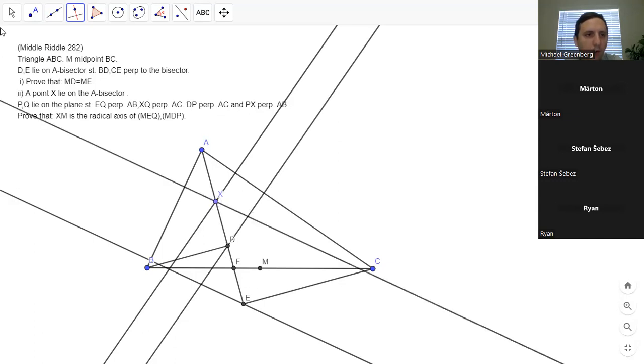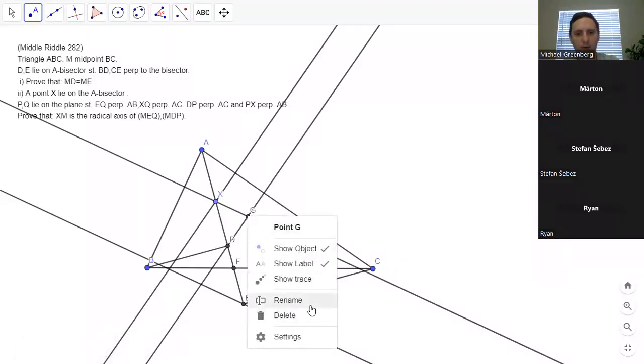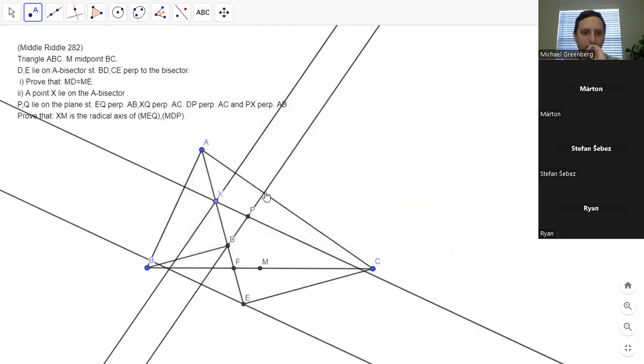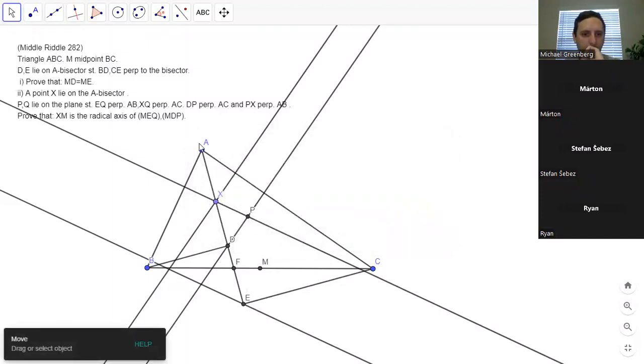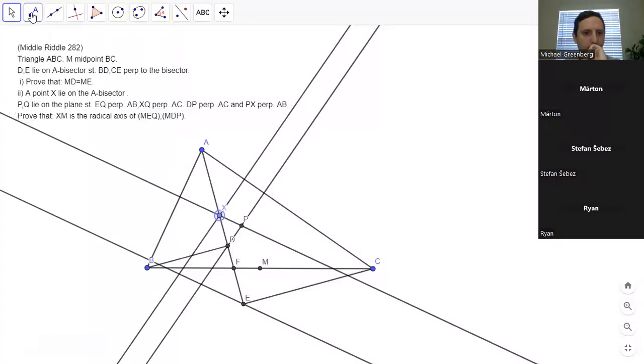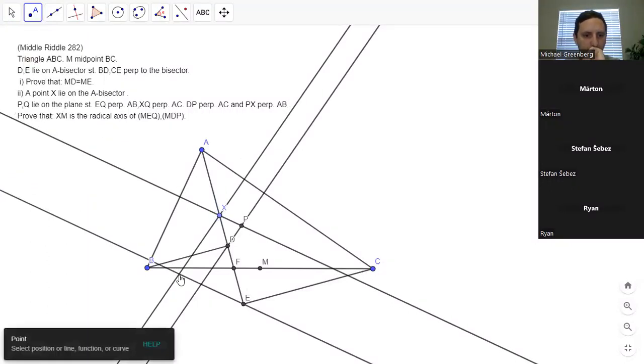Okay, so this is point P. And we have a bunch of right angles. And then we would have a point Q. So that's P. This is Q.